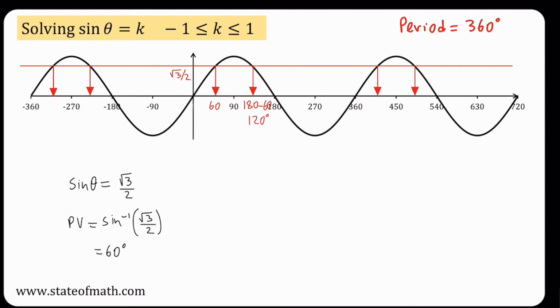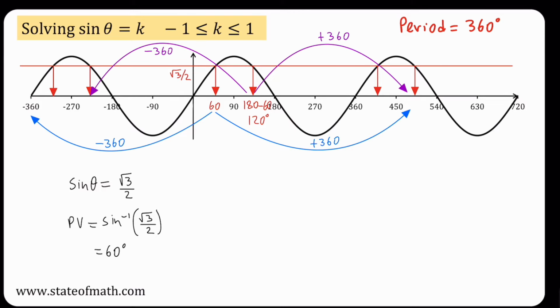We can then exploit the periodicity of the sine wave by going 360 degrees to the left and to the right of the 60 degrees, or 360 degrees to the left or right of the 120 degrees in order to generate more solutions. So looking at the graph, we can see that theta could be 60, or 180 minus 60, or it could be 60 plus 360, or 120 plus 360, or if I deduct 360, it could be 60 minus 360, or 120 minus 360.